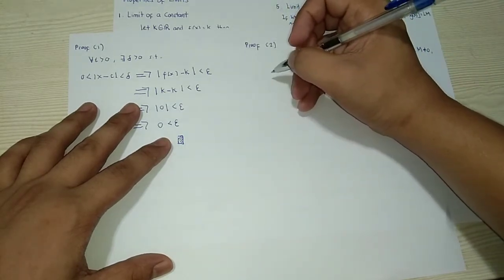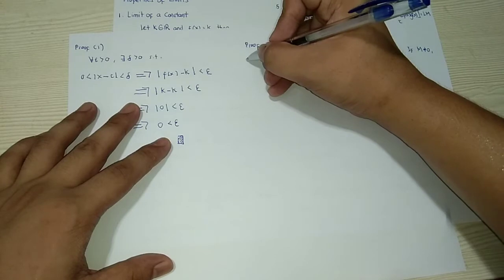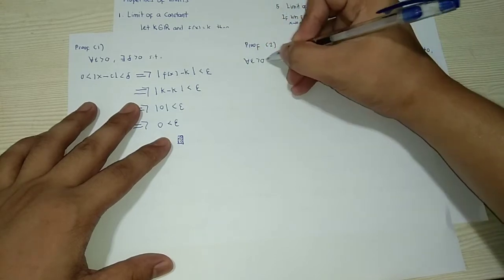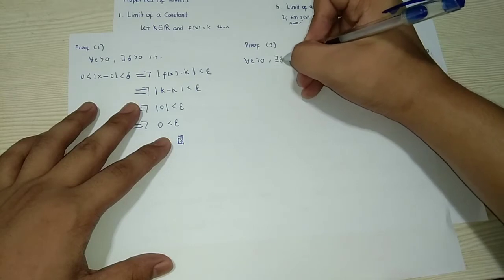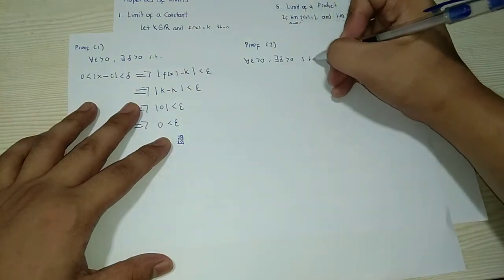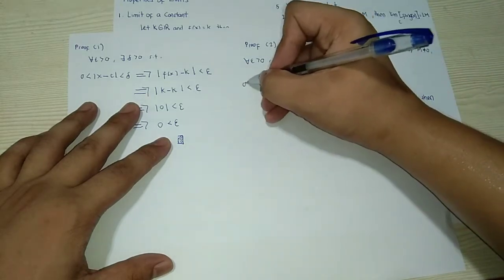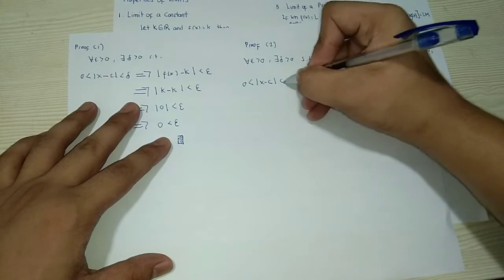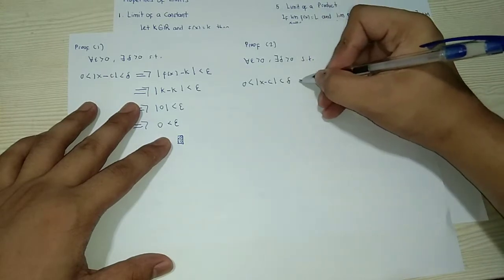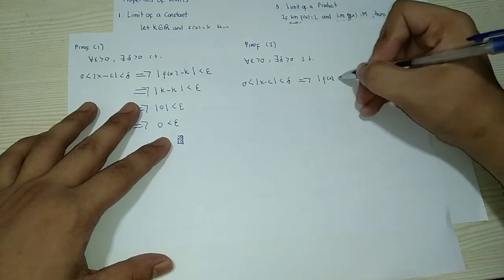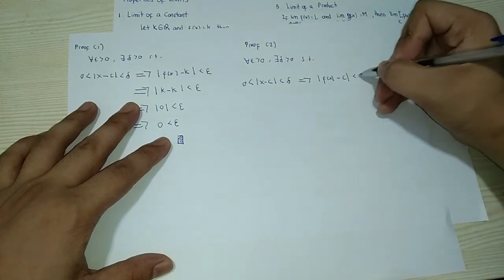So again, let's use the definition of limit. For any positive epsilon, there exists delta greater than 0 such that 0 less than absolute value of x minus c less than delta implies absolute value of f of x minus c less than epsilon.